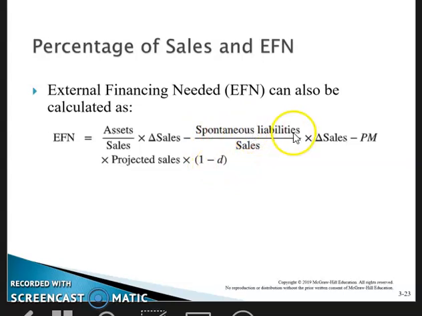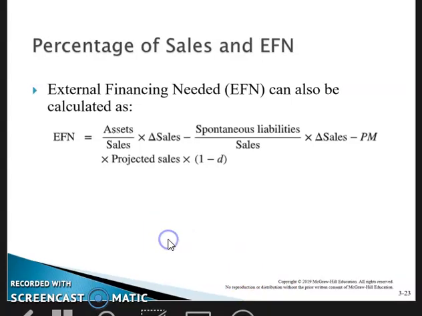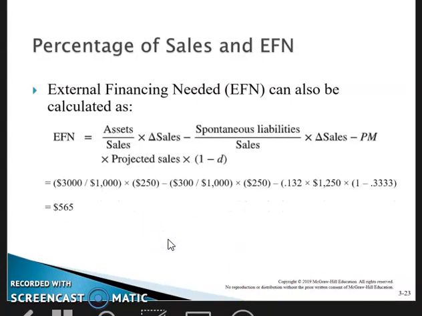Spontaneous liabilities are liabilities that go up and down with sales. Below is an actual calculation from the book, the Rosengarten Corporation. Those numbers come from their financials, which are included in chapter 3 in the book.